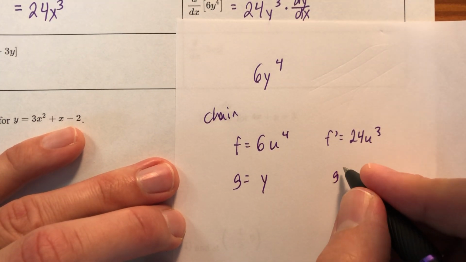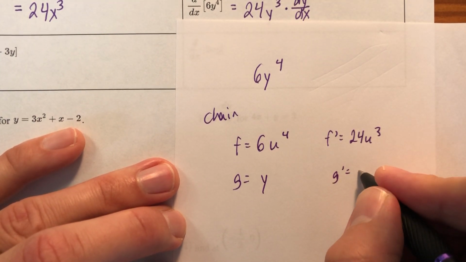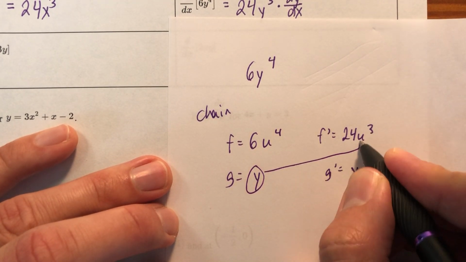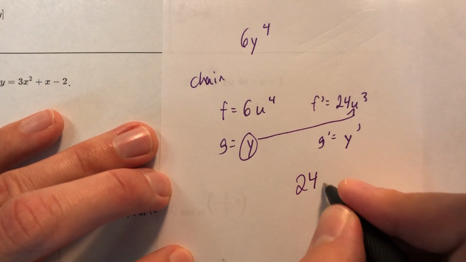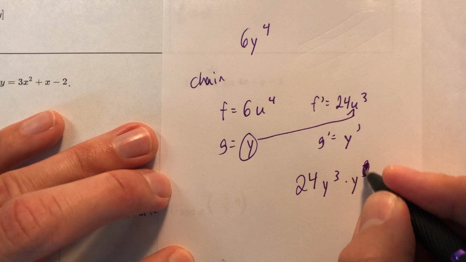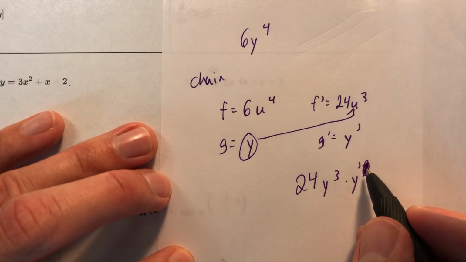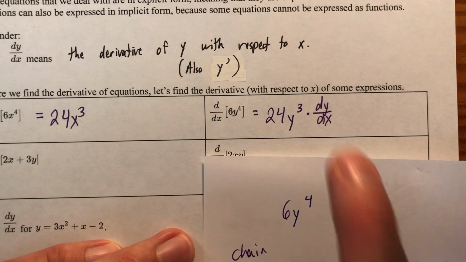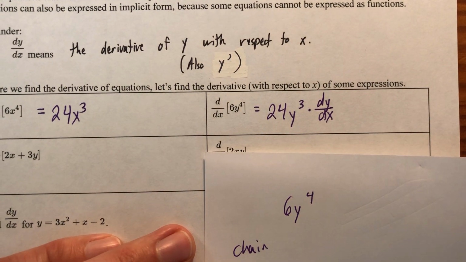Well, what's the derivative of y? It's the derivative of y. This goes here, and I would have 24y cubed times y prime. This y prime is represented in this context as dy over dx. Also y prime, same thing.